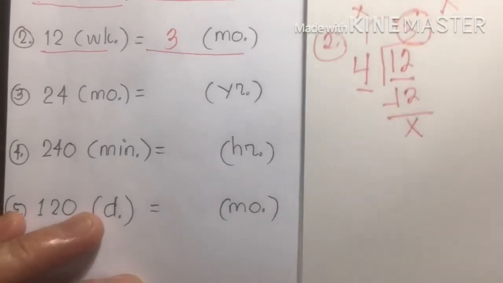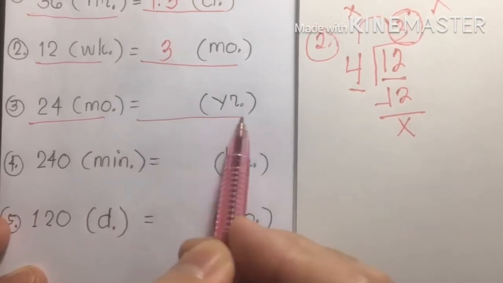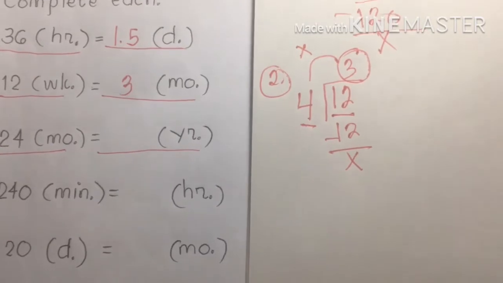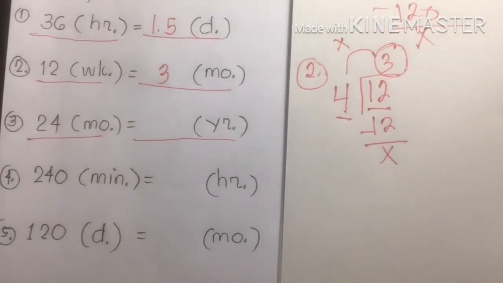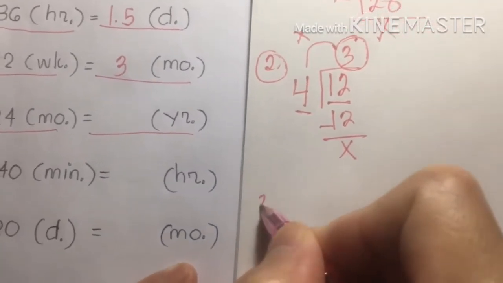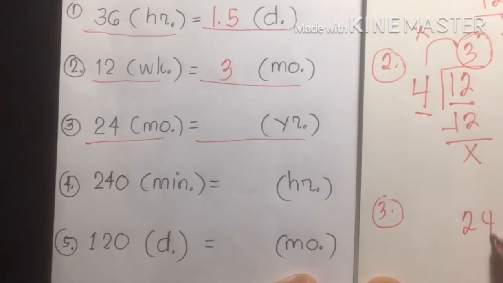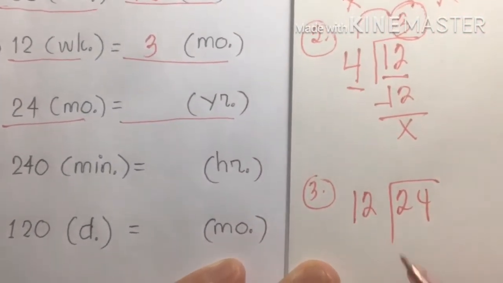Number 3, 24 months. How many years? So this is a months to years conversion. Remember, my dear viewers, in 12 months we have 1 year. So we're going to write 24 for number 3. 24 divided by 12.